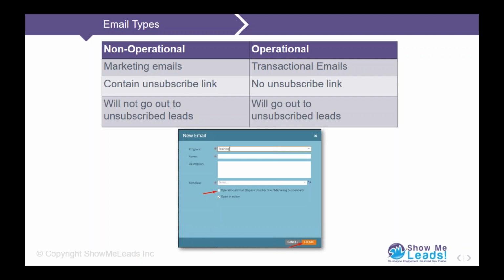So why would you do that? If they've unsubscribed, they don't want an email from you. Well, this is a situation where your recipient is not going to consider this an unsolicited commercial email. There are various scenarios where that might happen. I can give you one that is probably the most common.